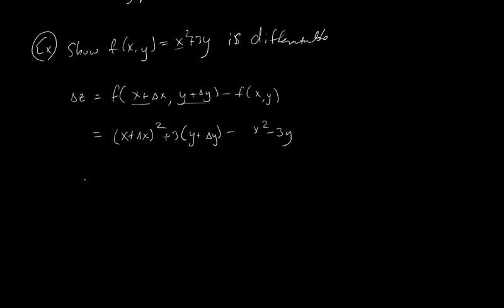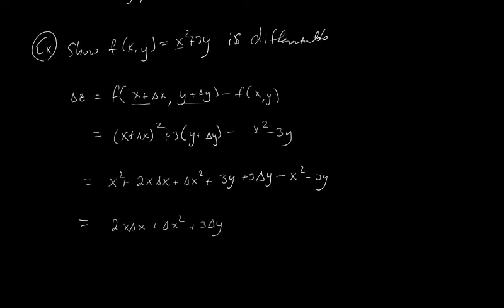All right, so that's equal to x squared plus 2x delta x plus delta x squared plus 3y plus 3 delta y minus x squared minus 3y. So combining like terms, we are going to get 2x delta x plus delta x squared plus 3 delta y.